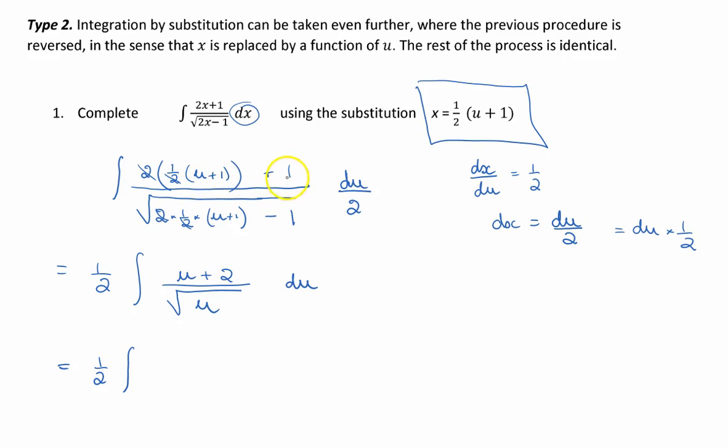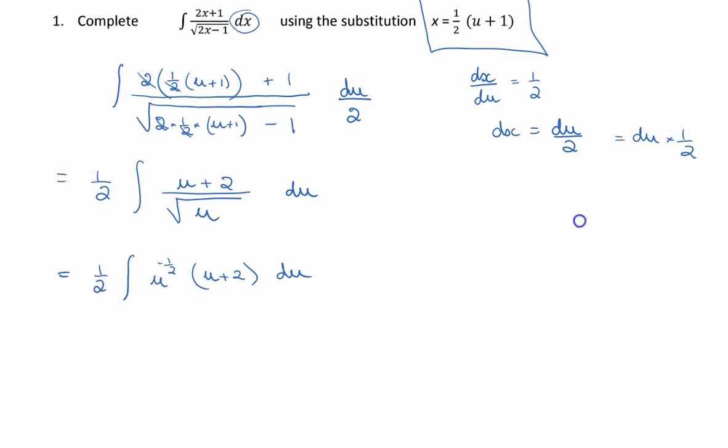We've got u plus 1, which is u plus 2, over the square root of u, since the 2 and a half cancel out. We've got u plus 1 minus 1, which is just root u. Now, we don't integrate a fraction, so what are we going to do? We could bring that to the top and call that u to the minus a half, and multiply it by u plus 2 du.